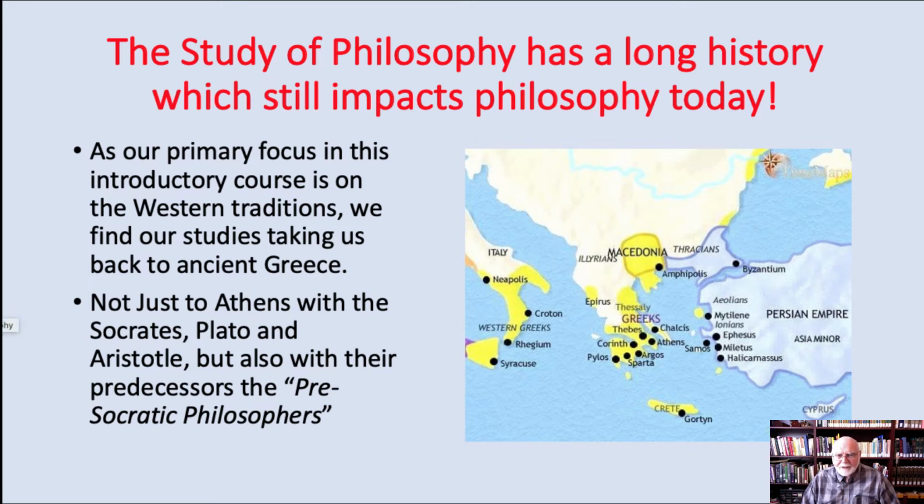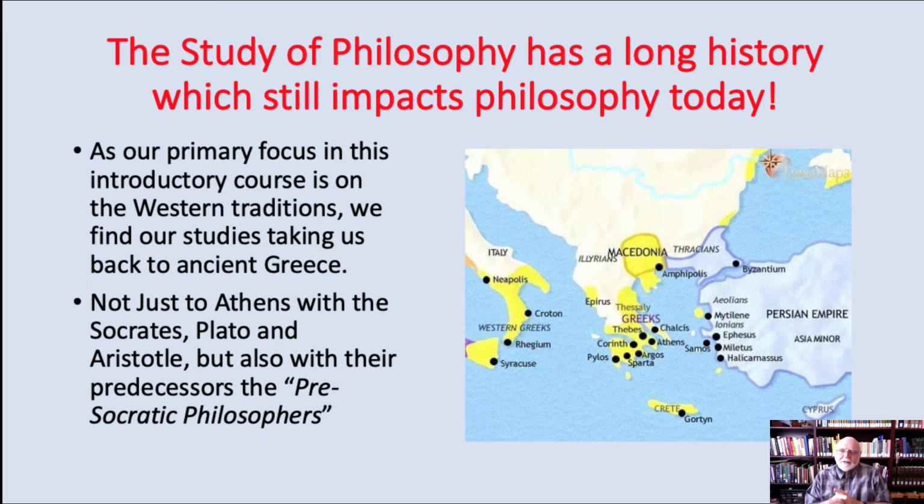Now the point is this, that all the great issues in philosophy that began to be addressed some 2,000 years ago in Athens and in the ancient Greek world, we're still addressing those issues. Not in quite exactly the same form, but we're still addressing many of those same issues today.